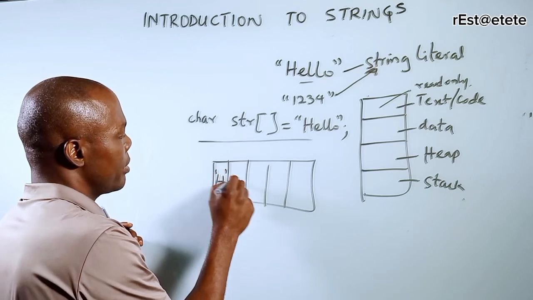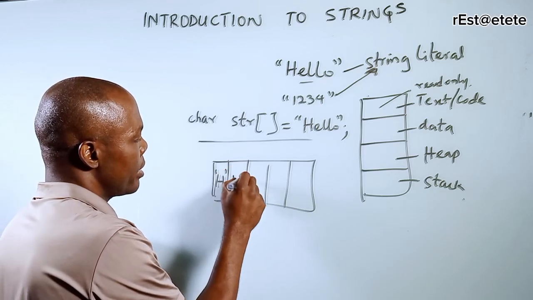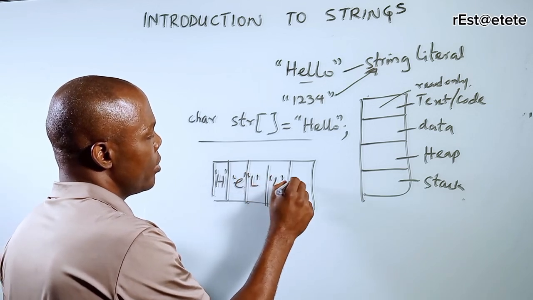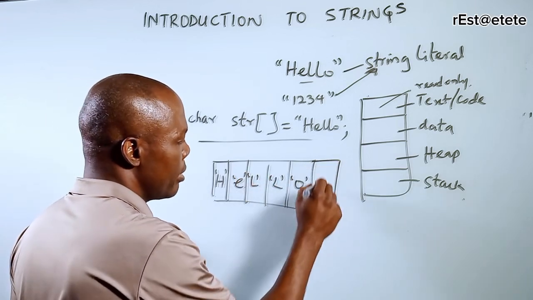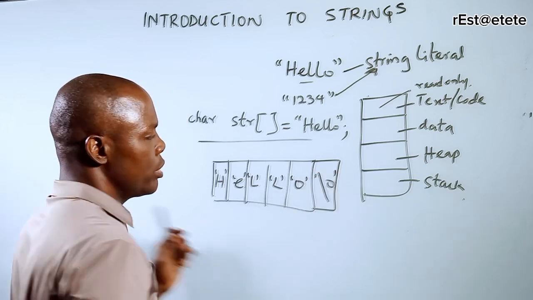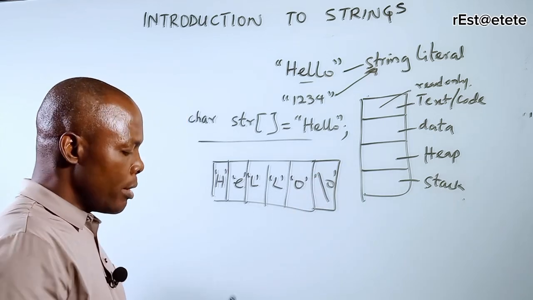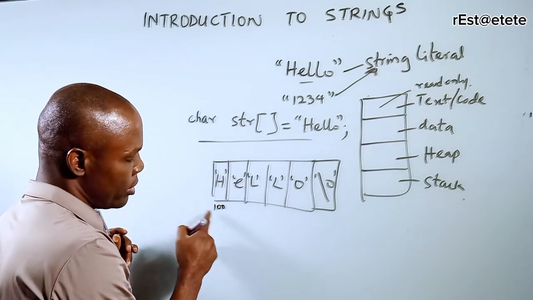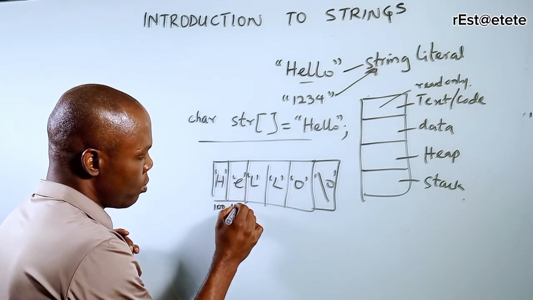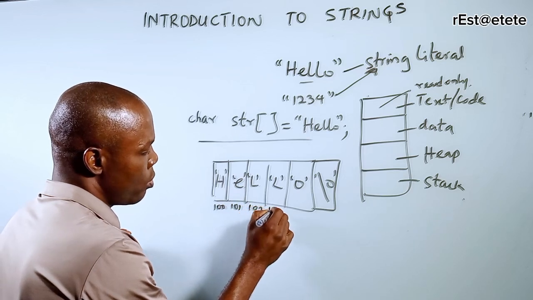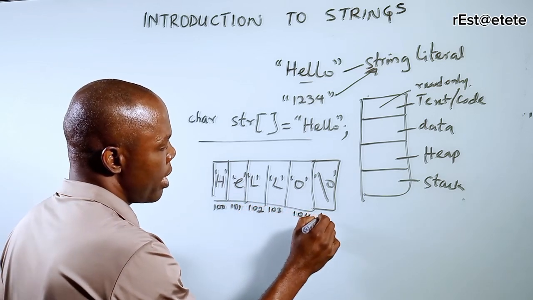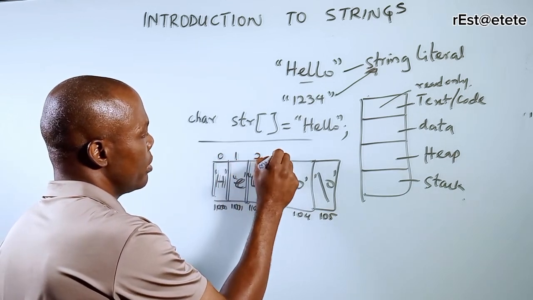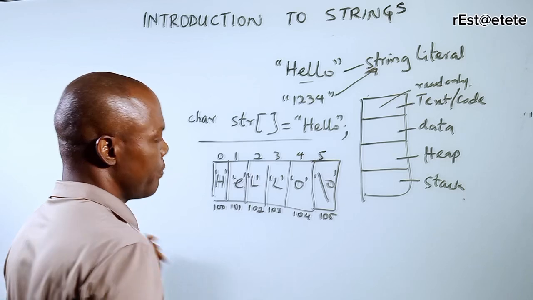H will be here as a character, E, L, another L, the O. Then you add this one, which is the what? The null character. Because it is an array, assuming this is the address 100, this will be 101, 102, 103, 104, and 105. Now, index 0, 1, 2, 3, 4, 5.